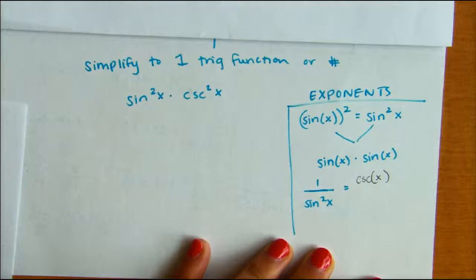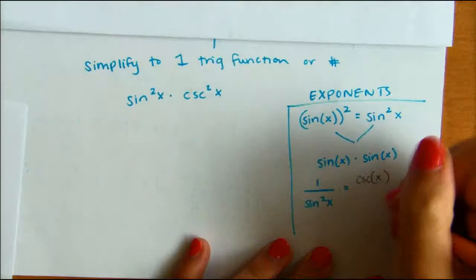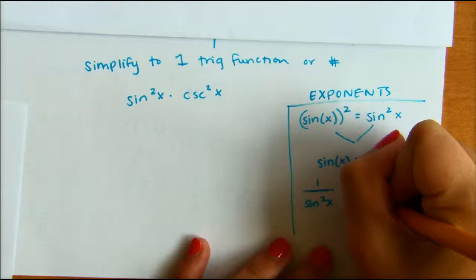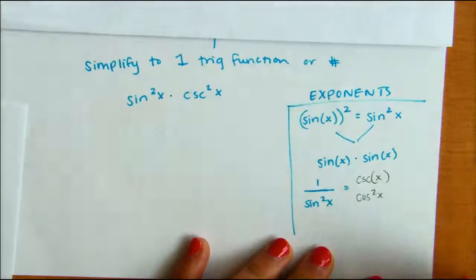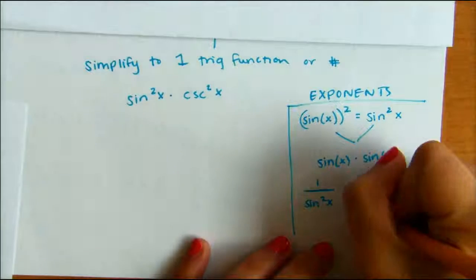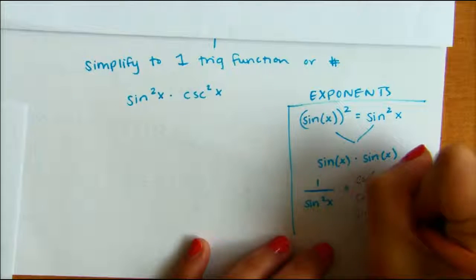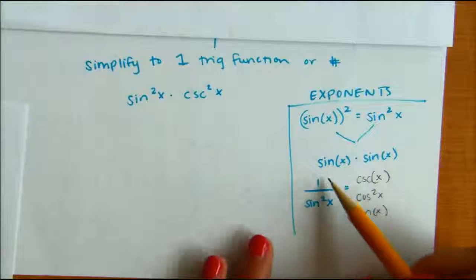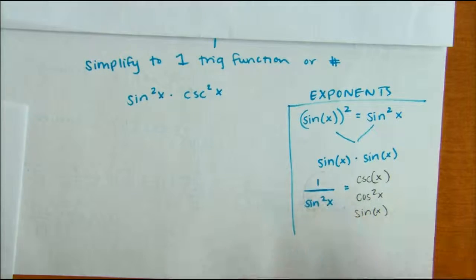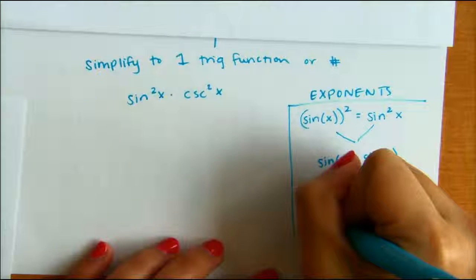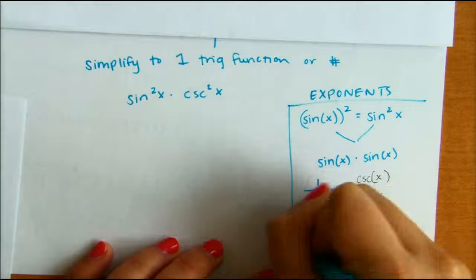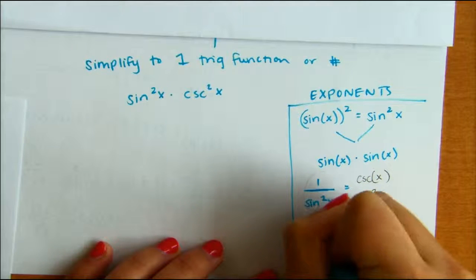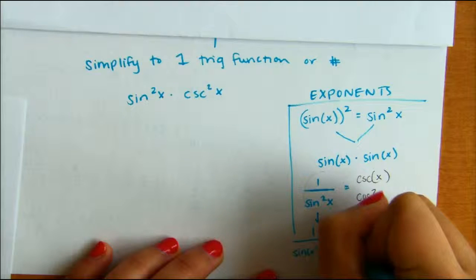Maybe you said it is cosine squared x. Maybe you said it is sine of x. Who knows? One thing that I do notice is that there are 2 of these sine of x's. So I could expand this out to be 1 over sine of x times sine of x.